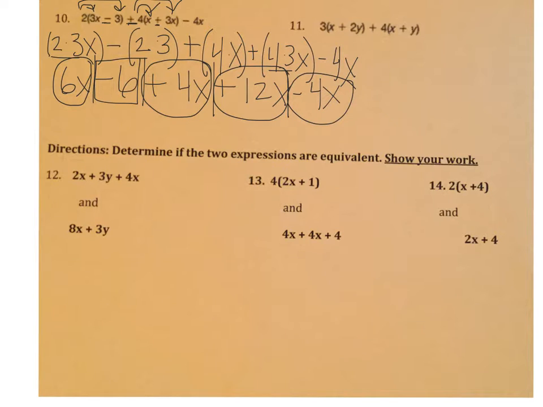All right, so we have a lot of circles to combine here. So we have 6x plus 4x, and that's going to equal 10x. Okay, then we can go ahead and add on that 12x, which will equal 22x.